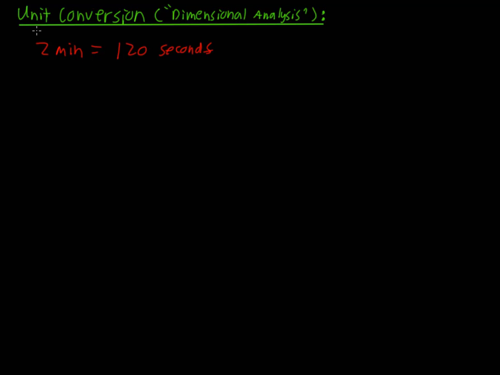120 seconds. And that might seem like a simple example, but let's write out what you're actually doing in your head when you do that. So you're multiplying the amount that you were given, which was 2 minutes, by 60 seconds, or we could also just write that as S, which is what I'll usually do, per 1 minute, right?